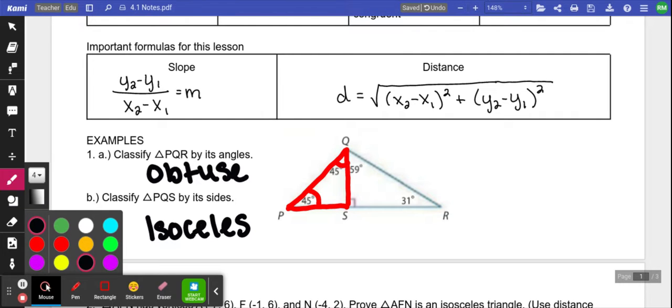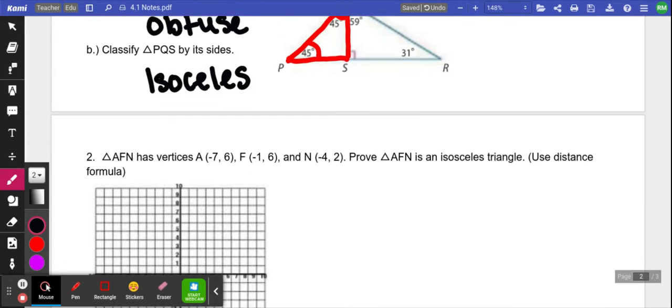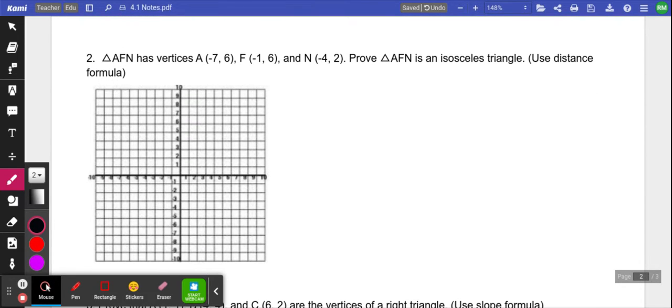Okay. Let's go ahead and move on to the next. So I'm going to kind of get you started, and then I would like you to finish, and we can check notes on Tuesday. So it says triangle AFN has vertices at those 3 points. Prove that triangle AFN is an isosceles triangle. I gave you a hint that you need to use the distance formula.